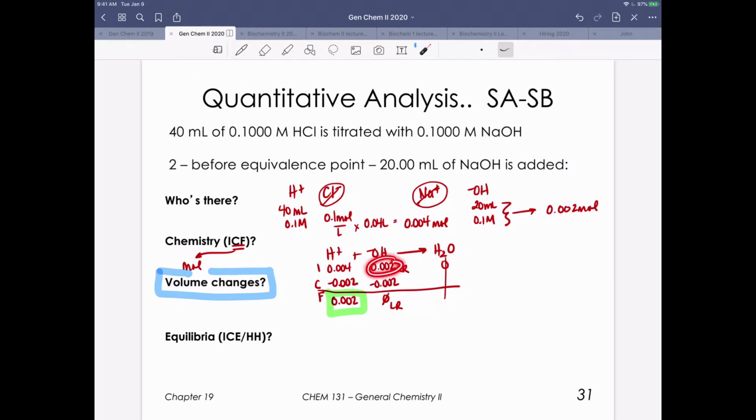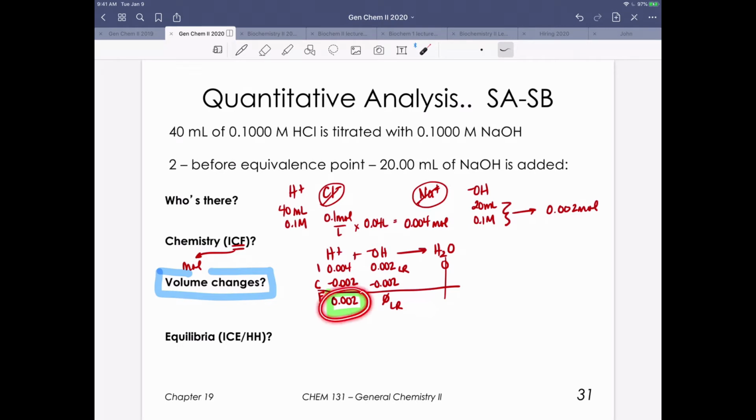So again, hydroxide here is going to be our limiting reagent because we are before the equivalence point. So again, we have 0.002 moles of hydroxide, 0.004 moles of H+. We know that OH- is going to be our limiting reagent. It's the smaller number there. We're going to use up all of it, and that also dictates how much H+ we use up.